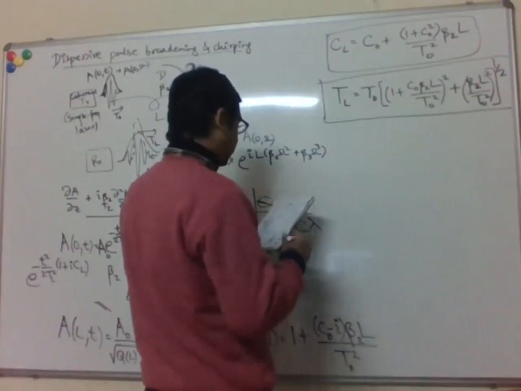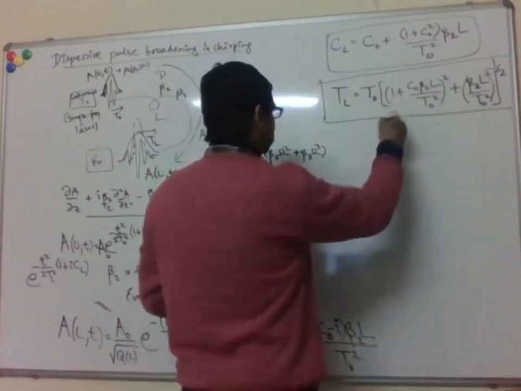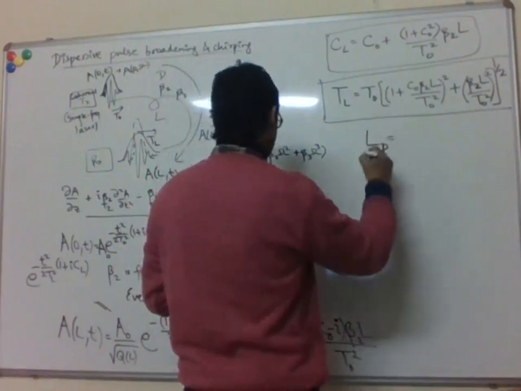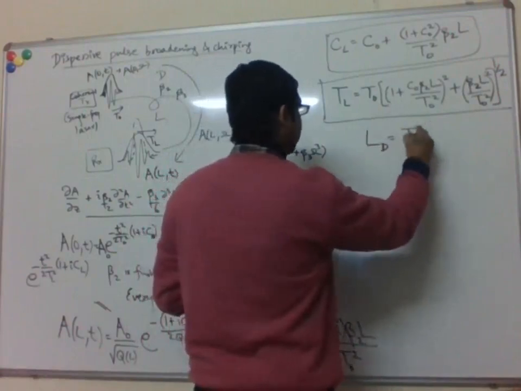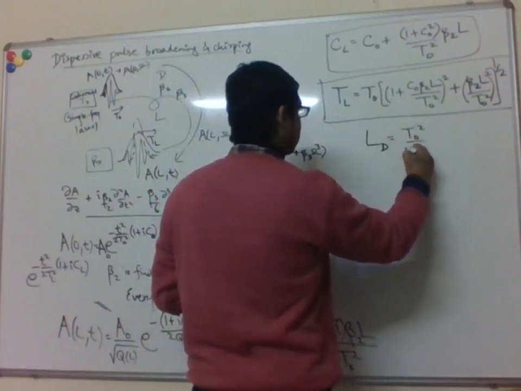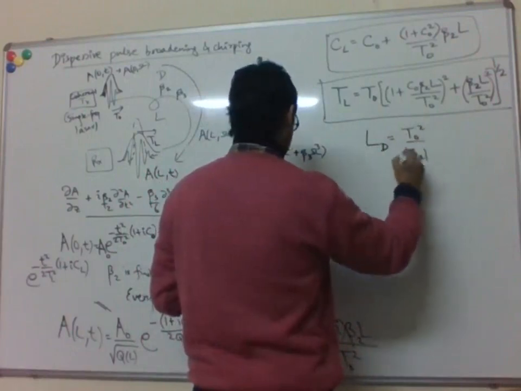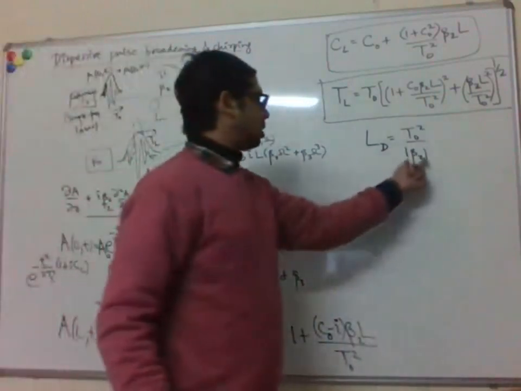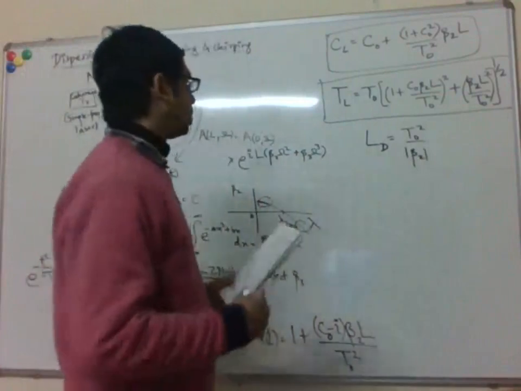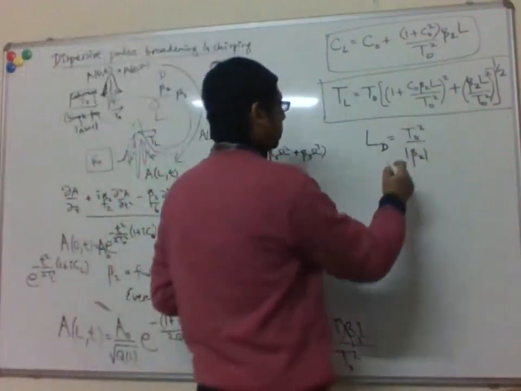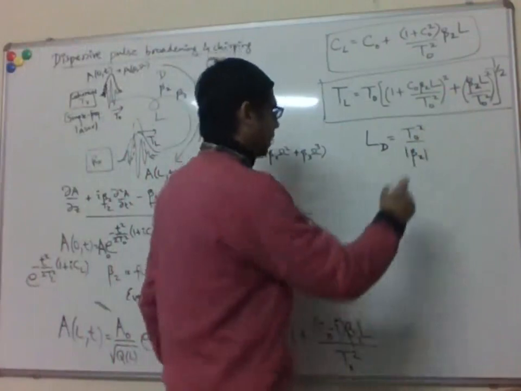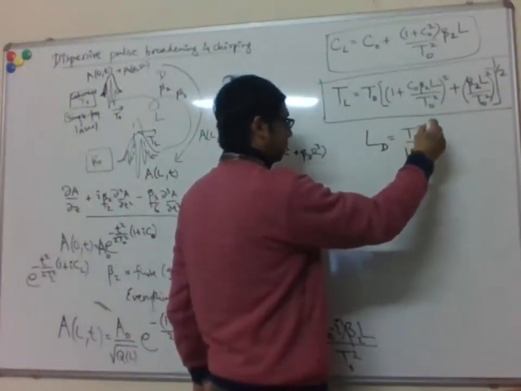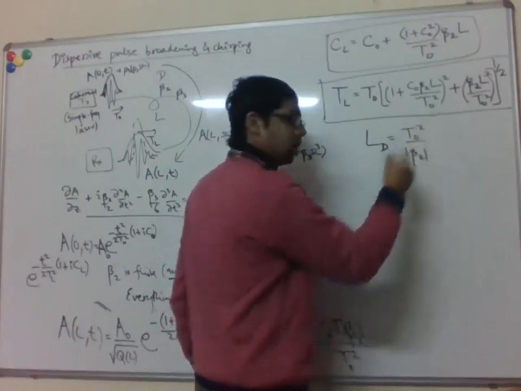Yeah, so one thing to see here is that sometimes this is written in a slightly different form. There is this quantity called the dispersion length, which is defined as the square of the input pulse width divided by the magnitude of the GVD coefficient of the fiber, right? So take the mod, it could be positive or negative. This has units of length because why? T naught square has units of time square or second square.